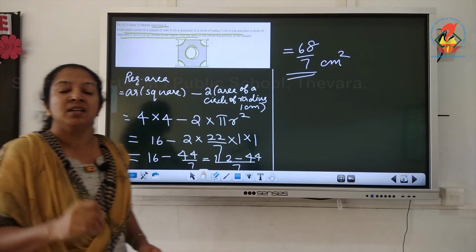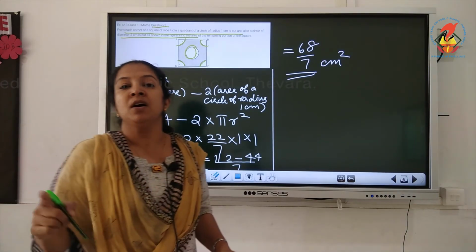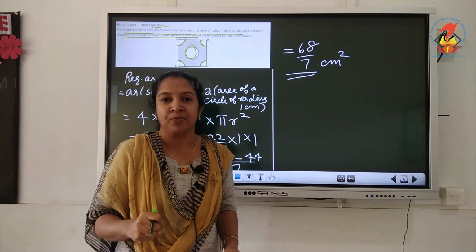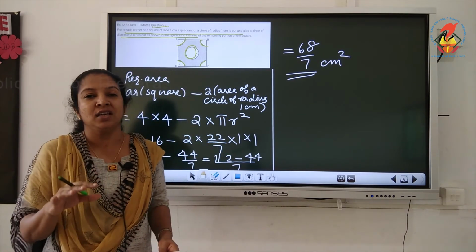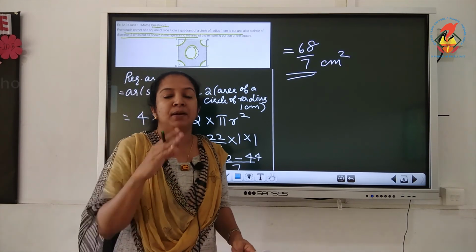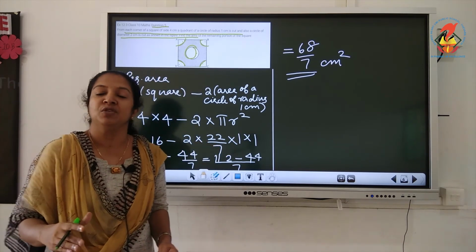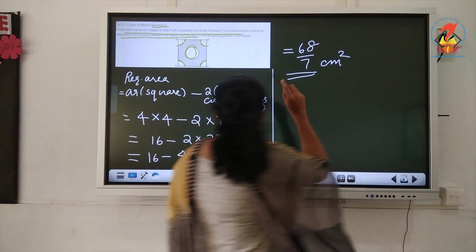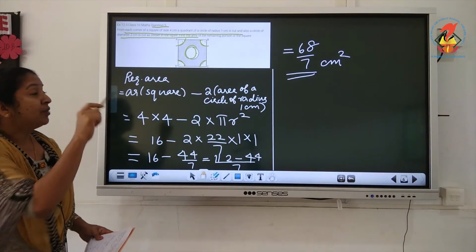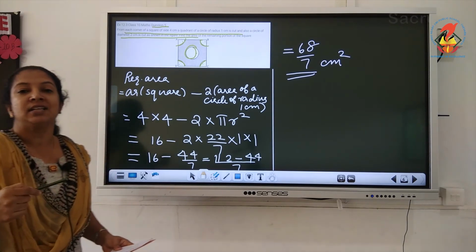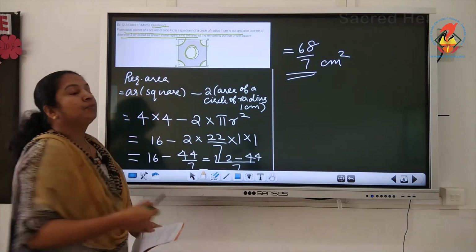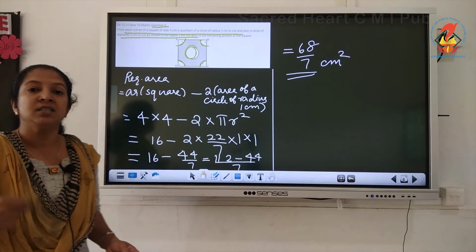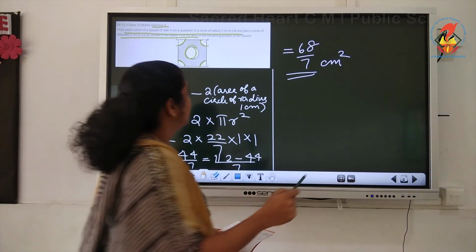You have to find the decimal form because from 3 marks onwards you have to give the final answer in decimal form. For 1 and 2 marks you can keep the fraction as it is, but for 3 and 4 marks you have to convert it to decimal. So, the question is, from the square 2 circles are taken out. So, the area of the remaining part is area of the square minus area of 2 circles.